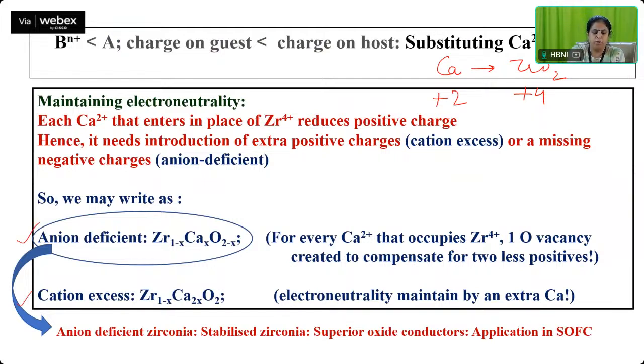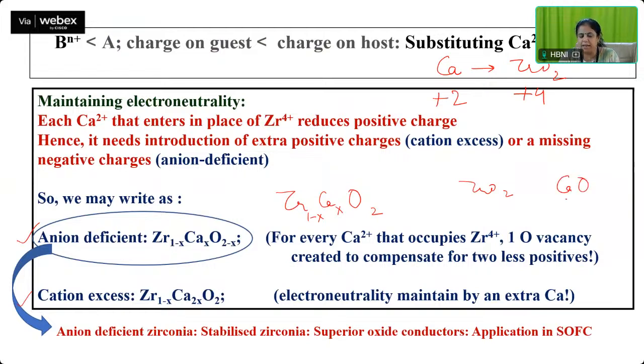Okay. So when we want to write the anion deficient solid solution, I write Zr and I write O2. And of course, I'm putting in calcium. Since I'm talking of anion deficient, I'm not going to touch the cationic lattice. So X calcium goes in, zirconium left is 1 minus X. So what will happen to the anion? It is anion deficient. So how much anion should I take out? Okay, so you had ZrO2 and you have CaO.